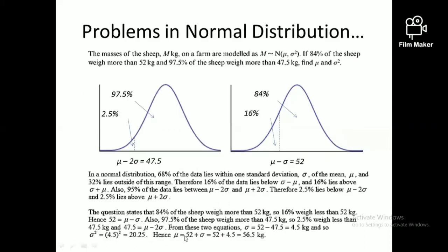You will obtain the answer: sigma should come to 4.5 kilograms, sigma squared is 20.25, and the mu value comes to 56.5. So you have to simplify mu minus sigma equals 52 and mu minus 2 sigma equals 47.5 as simultaneous equations to obtain the final answer.